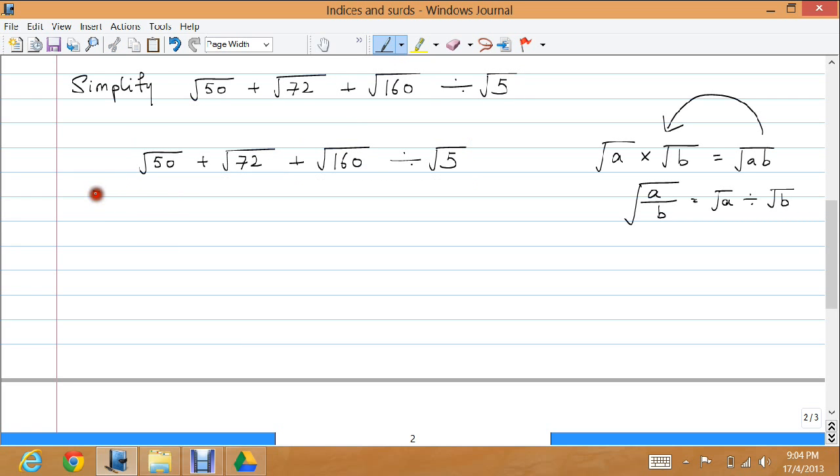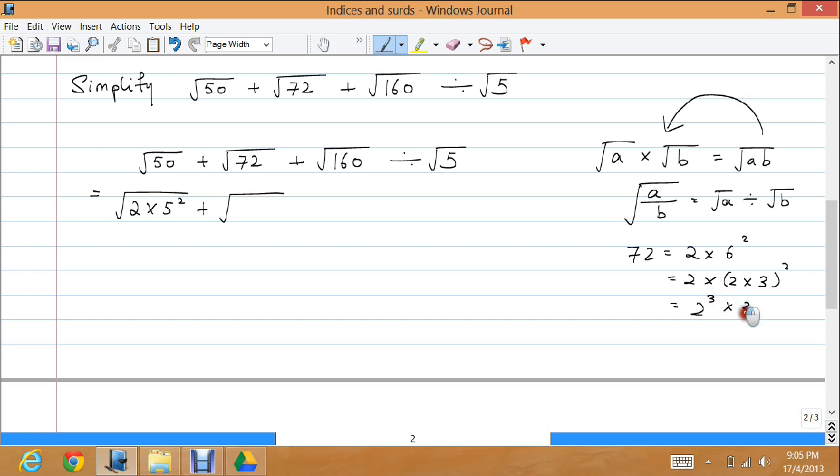Square root 50 can be written as square root of 2 times 5 squared, whereas 72 can be written as 2 times 6 squared, but 6 is equal to 2 times 3, so I get 2 to the power of 3 times 3 squared. In other words, I have 3 squared times 2 cubed.